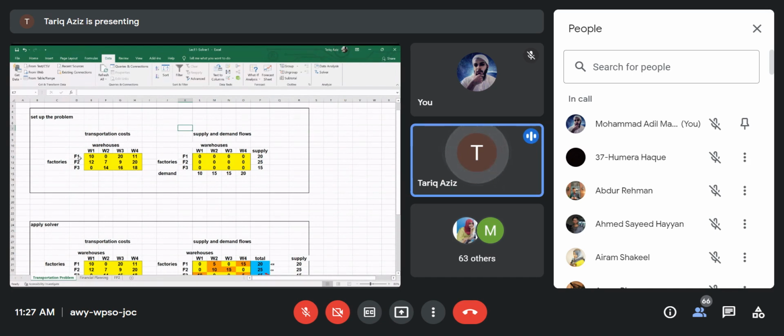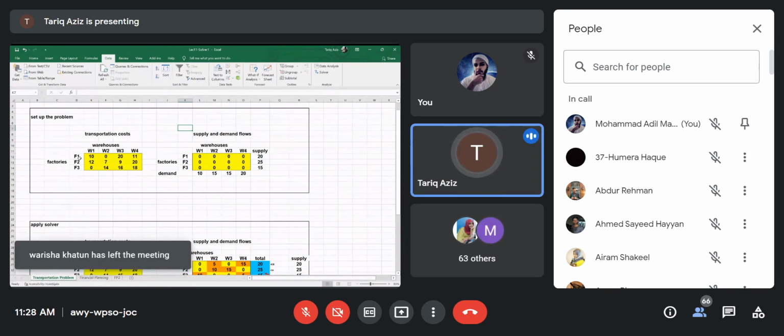These are the constants because every factory has some maximum output. Similarly, every warehouse has some demand. Or if it is a retail outlet, then it will be easier for you to digest this, that every outlet has some demand, that is, how much inventory should be brought every week or every month or whatever is the frequency.